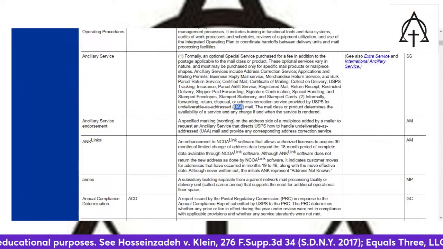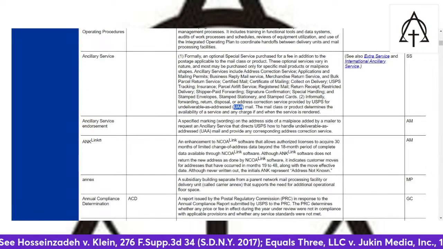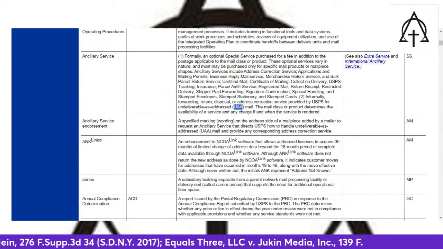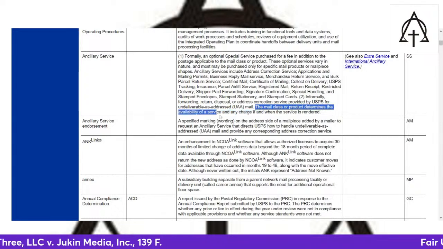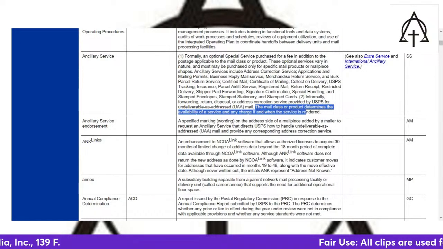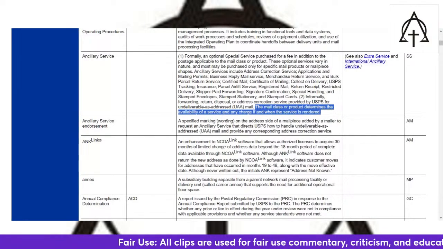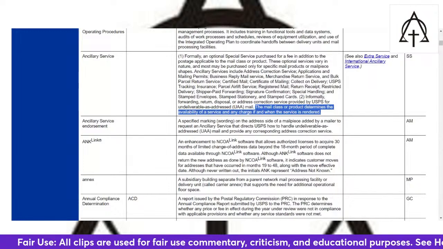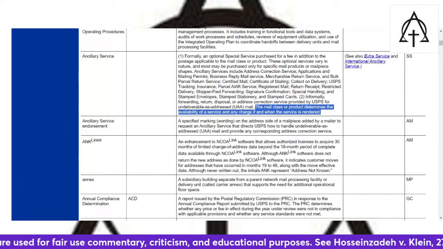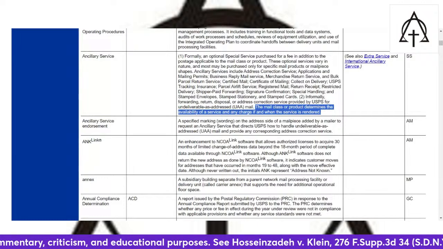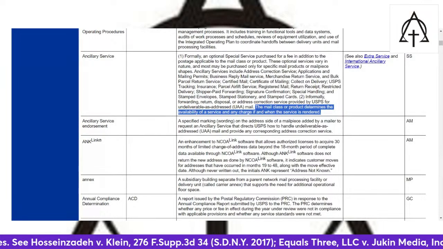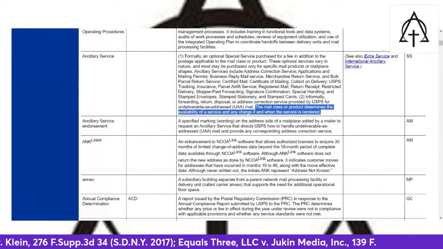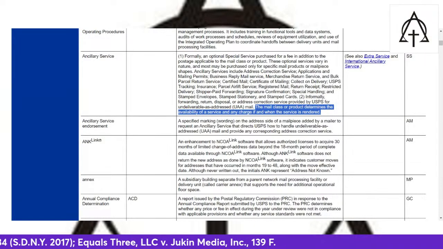Please readdress it according to the national address format that I gave you. The mail class or product determines the availability of service and any charge if and when the service is rendered. By putting it in that national address format, you're saying I have a postal obligation. It is implying that I have a postal obligation. And by me using it, I am making that implication, assumption, presumption, definite material fact evidence.